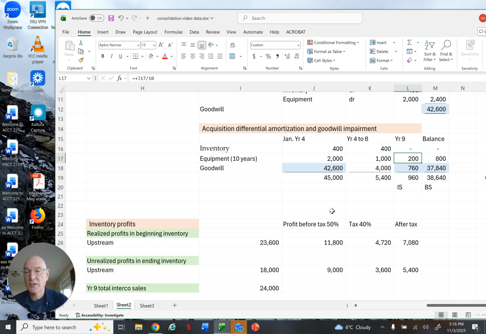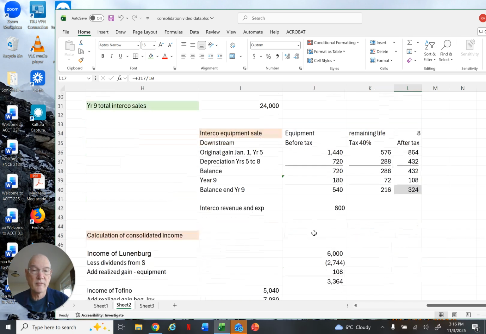In contrast to the other amount of money here. So the year's depreciation on this intercompany equipment sale that is realized through the purchasing company's use of the machine was 180.